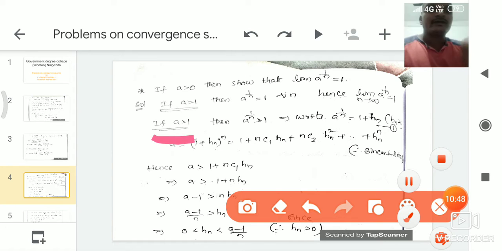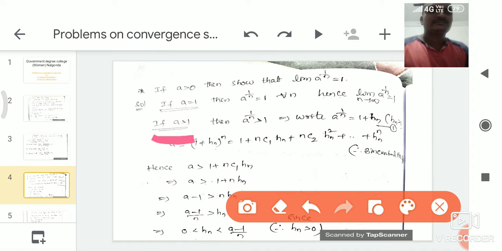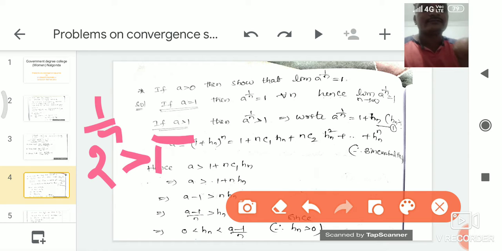Here, a greater than 1 means if we take a is equal to 2, then 2 power 1 by n is also greater than 1. Why? Because here n is a natural number.